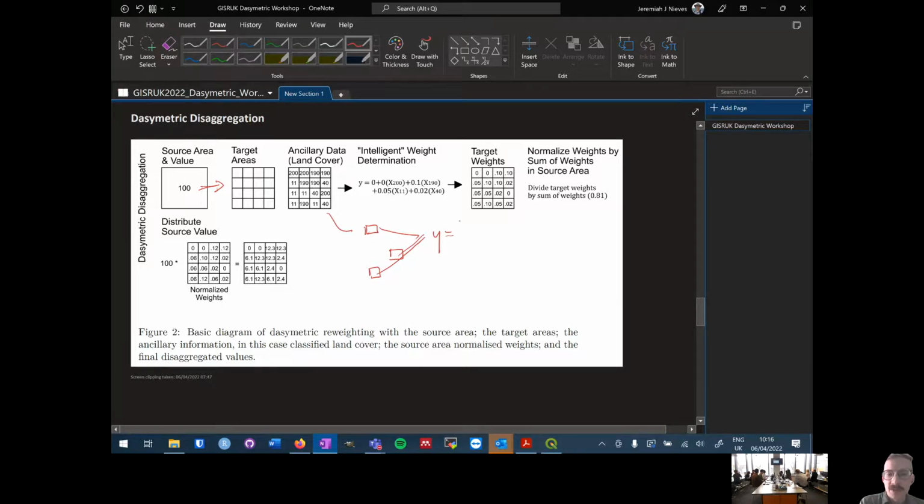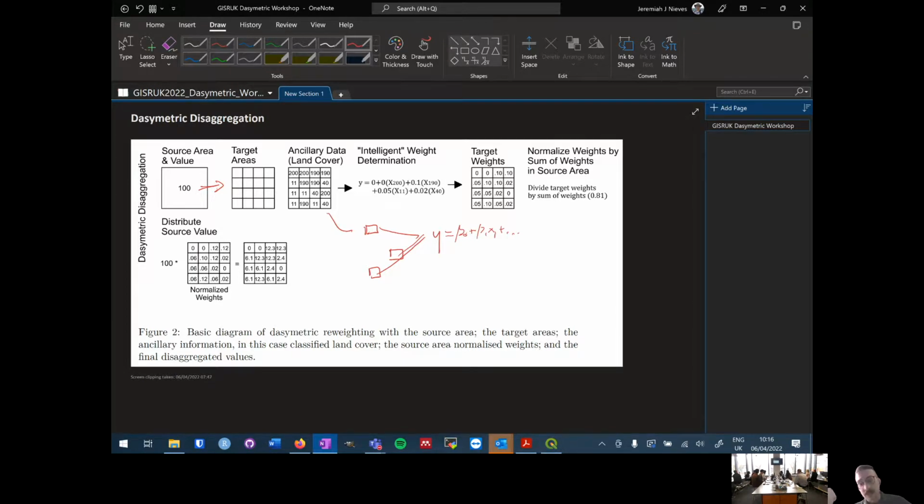Our population counts are some linear combination of weights based upon the observed relationships between the covariates, right? However, oftentimes finding population data that's at such a fine resolution as you might be wanting to predict at means that you don't actually have that.